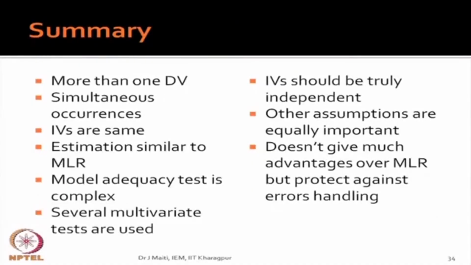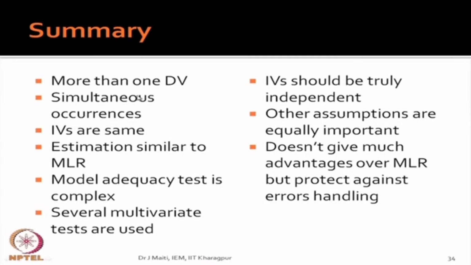In summary, when you go for MBLR, you have more than one DV, and all the DVs occur simultaneously. Then the IVs are the same, meaning the independent variables are the same, affecting different DVs. This is the condition when you will go for this.